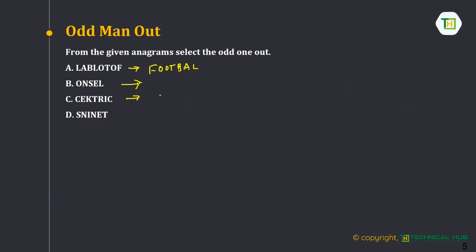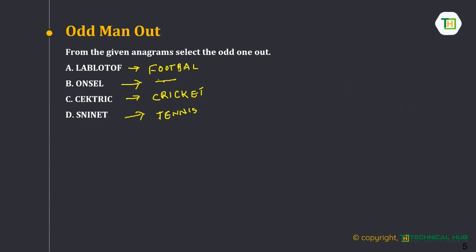The meaningful word is cricket, C-R-I-C-K-E-T. Coming to option D, the meaningful word can be written as tennis. This is not your exact word.